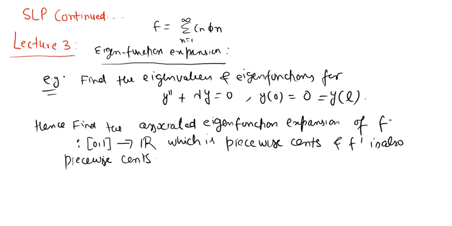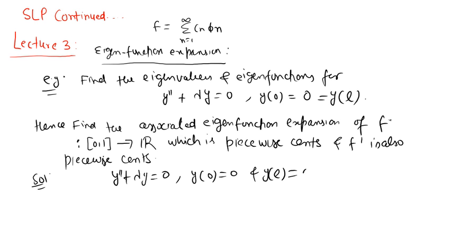So firstly we solve this Sturm-Liouville problem. Solution: you need to consider this problem y double prime plus lambda y equal to 0 with boundary conditions y at 0 is 0 and y at L is also 0. We need to consider three cases: lambda negative, lambda 0, lambda positive.